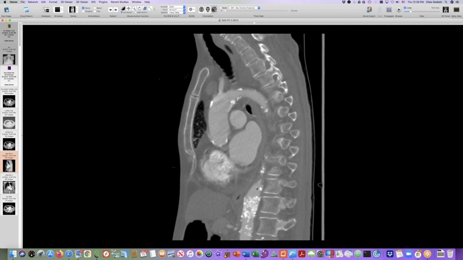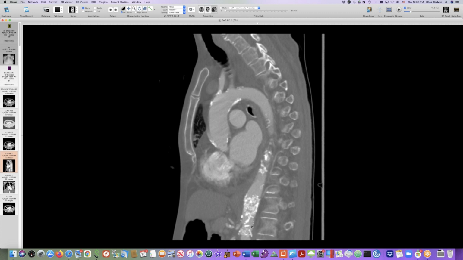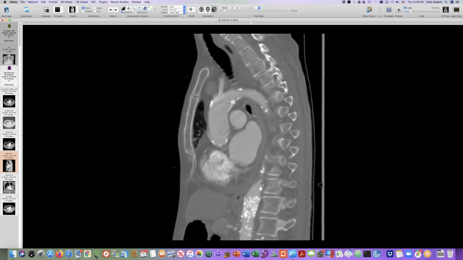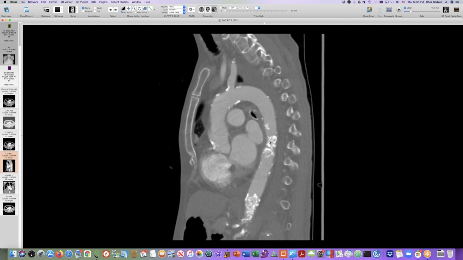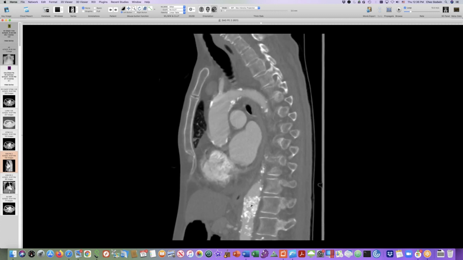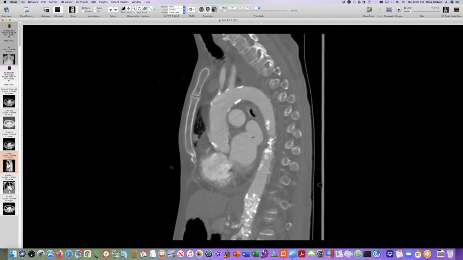Not that anybody knows. Now, the other bit of history that I just got this morning was that this woman in 2013 had peripheral vascular disease, and she had an iliobifemoral bypass or something like that. So there was some abdominal procedure. Now, we don't go all the way down into the abdomen past these mesenteric vessels.